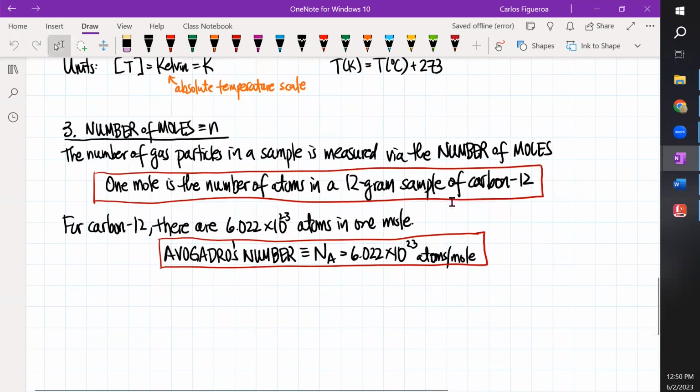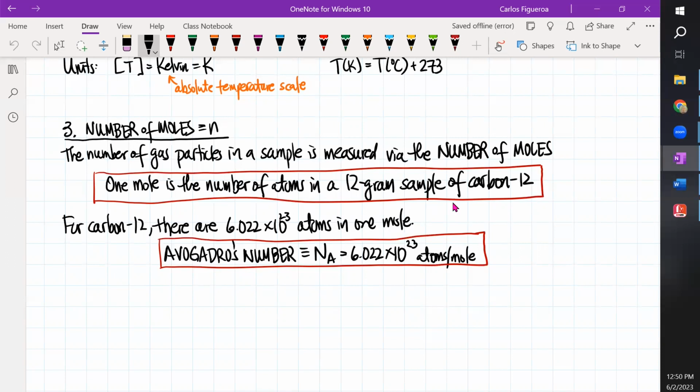Now, when you look at Avogadro's number, it typically refers to atomic substances, not macroscopic objects. You can have a mole of eggs or golf balls or whatever you want to talk about, but people don't really look at it this way.